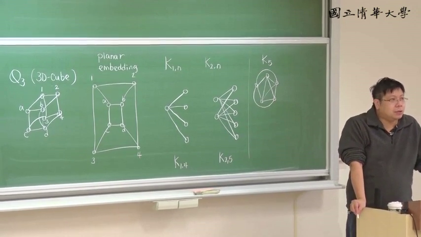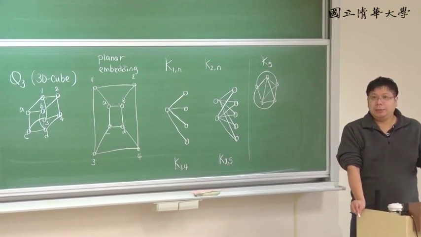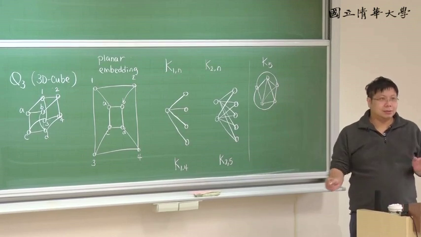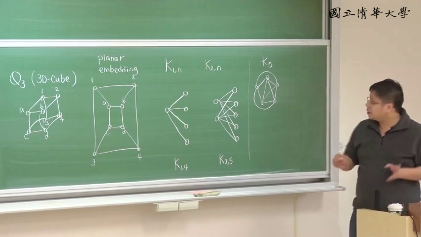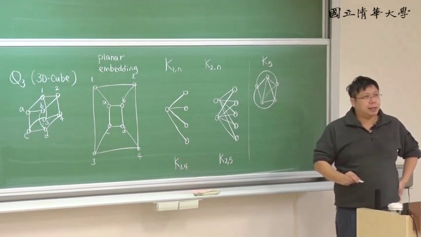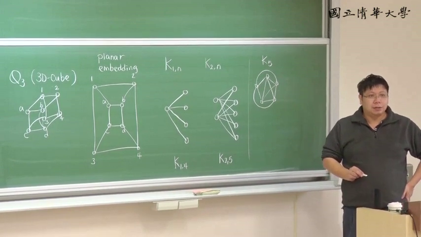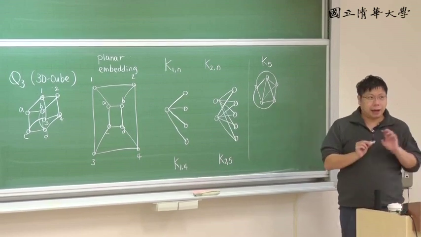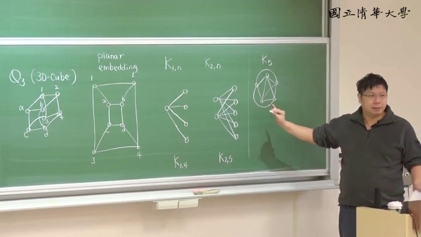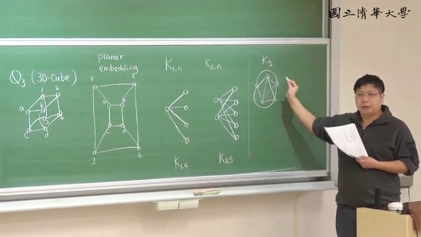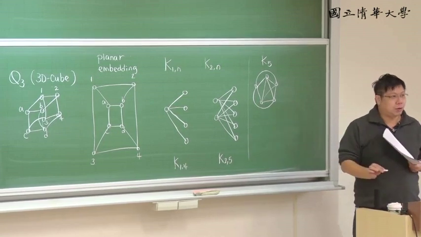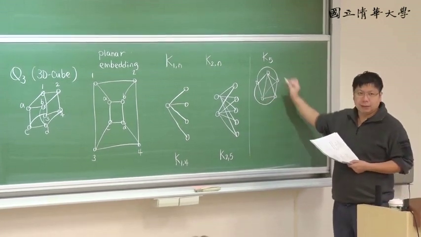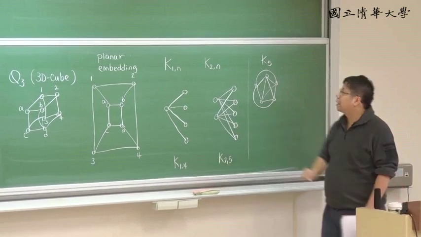So we need to show that for any person in the whole universe, this person cannot find a planar embedding of this graph. So we will show by arguments that this must be not planar, no matter who is going to draw. There is no way to make it look like a planar graph.